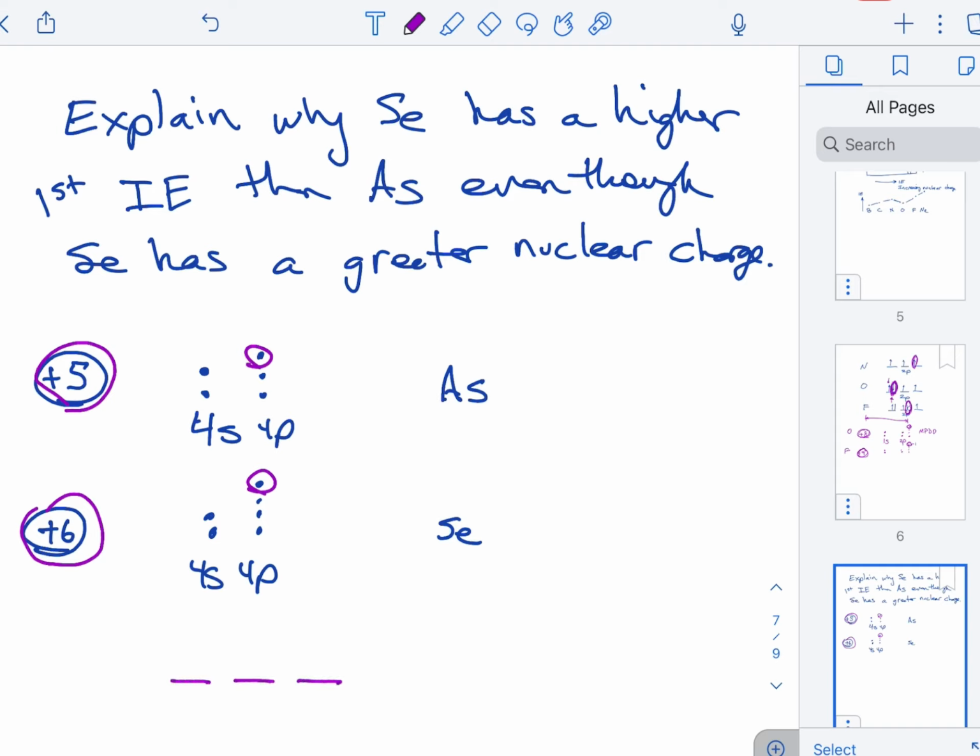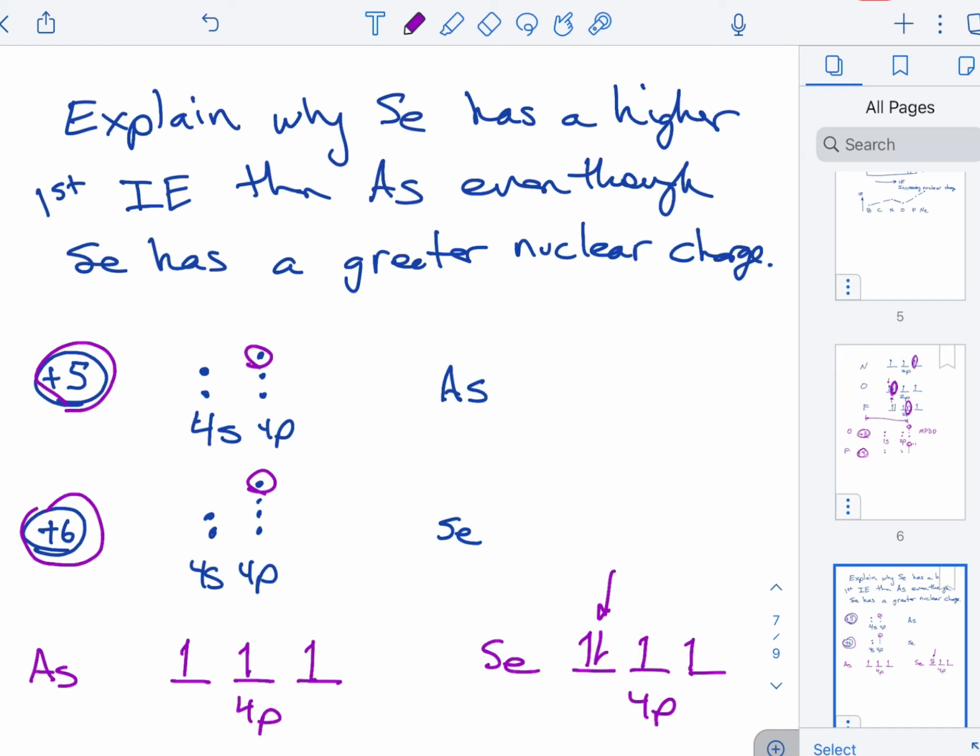Well, we switch to our orbital diagrams. So for arsenic, it's going to be 4p3, and for selenium, it's 4p4. Okay, and we see, the difference is that selenium has this paired electron, and paired electrons are easier to remove than normal because they're repelled. They're experiencing this pairing energy, this repulsive force that's generated by the fact that they're crammed into an orbital with another electron.